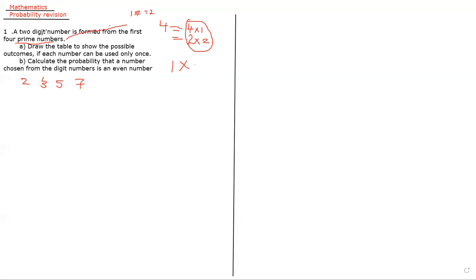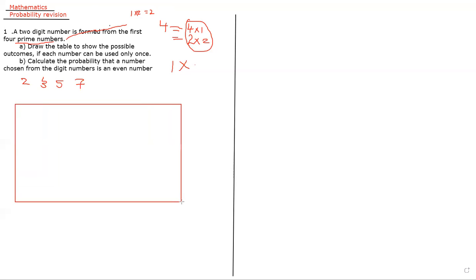So draw the table to show the possible outcomes if a two-digit number is formed from the first 4 prime numbers. So we will come up with a table like this. 1 is not a prime number, I hope that one is well taken care of.